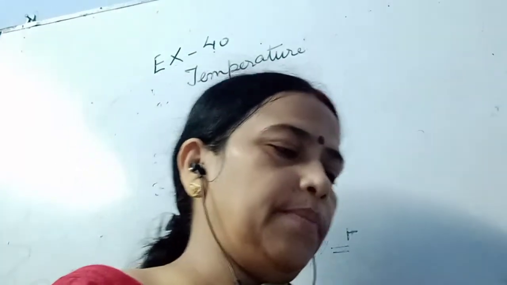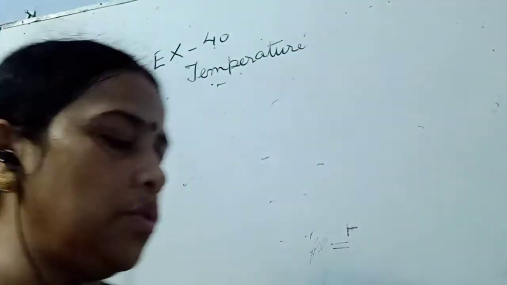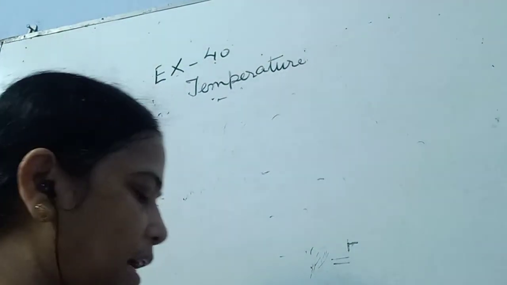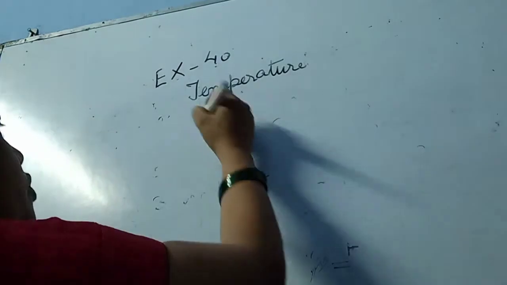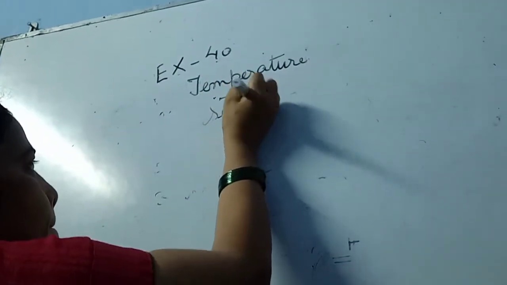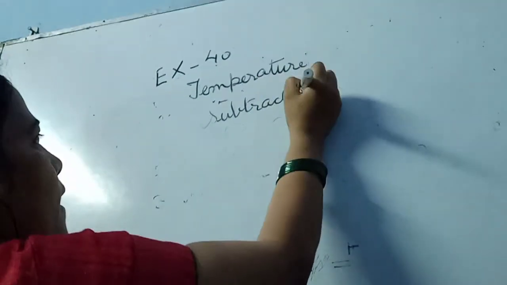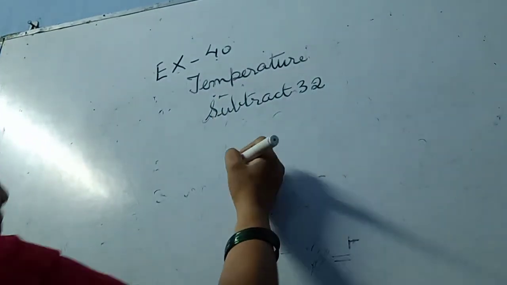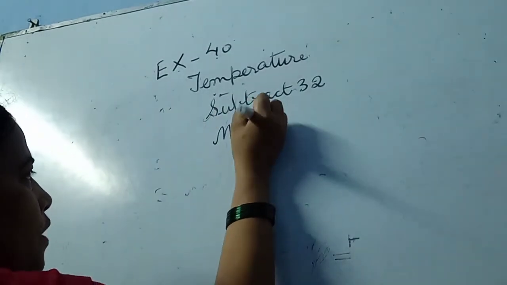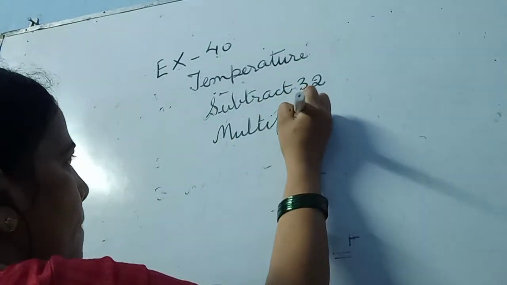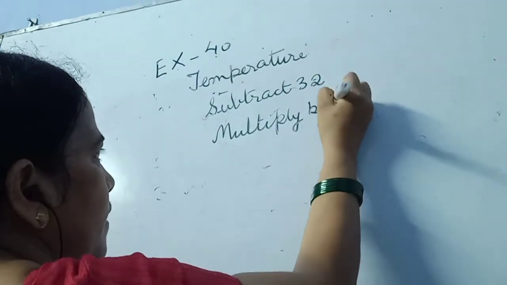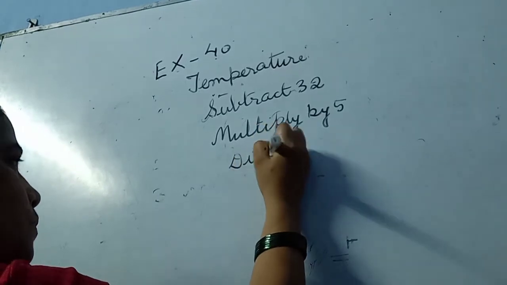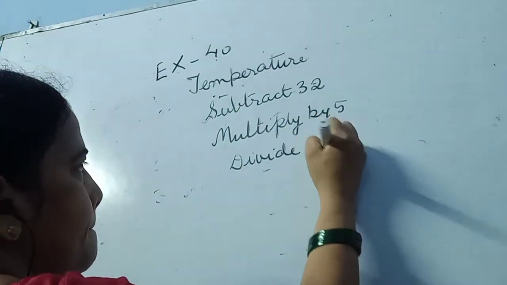So what are the steps which we are going to follow? As we have done in the third question, we subtract 32, then multiply by 5, and then divide by 9.